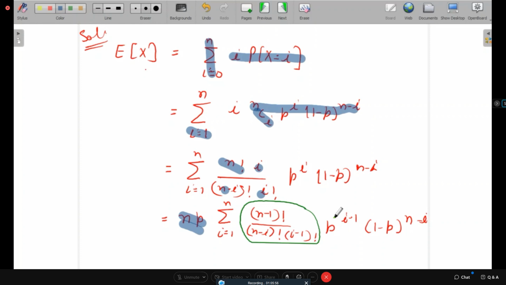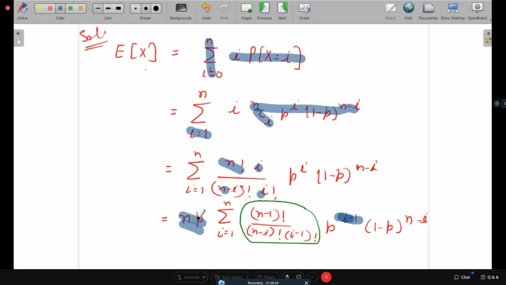Why? Yes, i equals 0 will not contribute anything, because i is sitting in the product here, so i equals 0 will not lead to anything. This is why our life is simple here, because if i equals 0, p to the power minus 1 may create some problem later on. So I just wanted to verify it again.